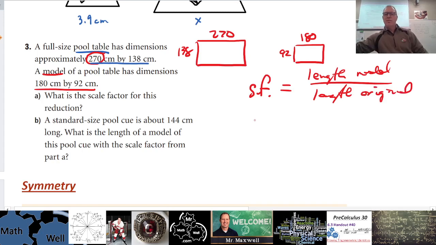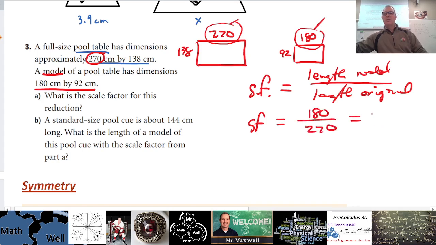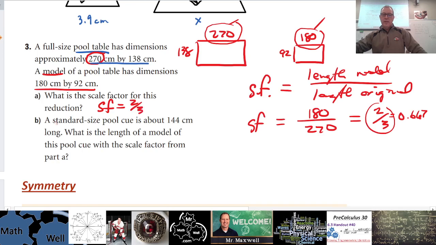So then the scale factor, you can take any two of these, as long as they're the corresponding parts, and divide them. So we go 180 divided by 270. And that to me looks like 2 over 3, or 0.667 or whatever. Okay, 2/3. So the scale factor is 2/3.